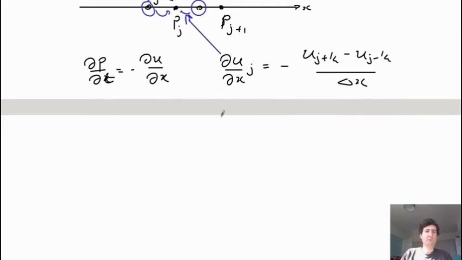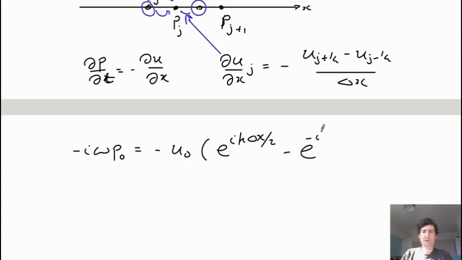And so when we use the same analysis as before, what we end up with is a minus i omega, which gives us p naught as before. And now we have a minus u naught, and then these things as before give us phases. So we have an e to the i k delta x over 2 minus e to the minus i k delta x over 2.